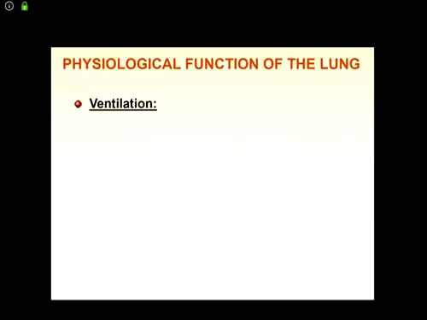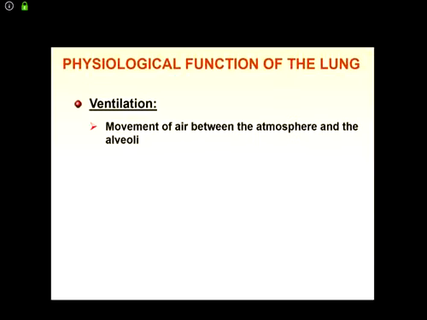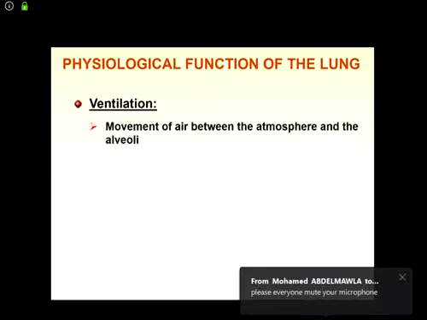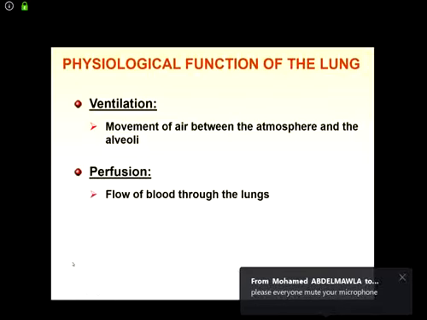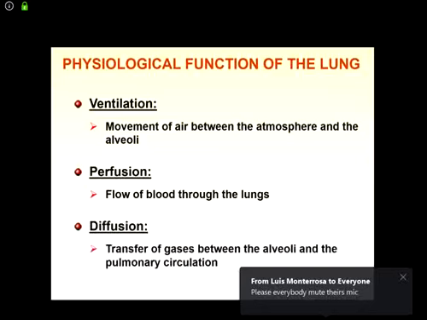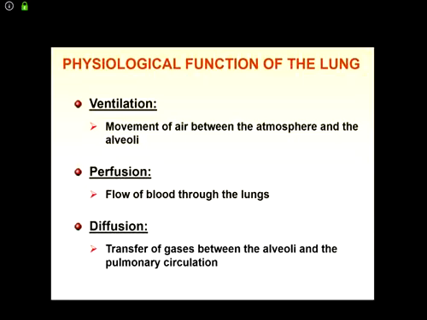The first one is ventilation, which is the movement of air between the atmosphere and the alveoli. The second one is perfusion, which is the flow of blood through the lungs. And the third one is diffusion, which is the transfer of gases between the alveoli and the pulmonary circulation.